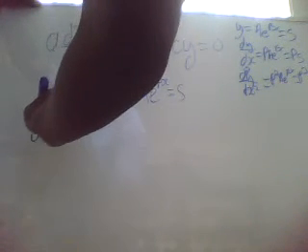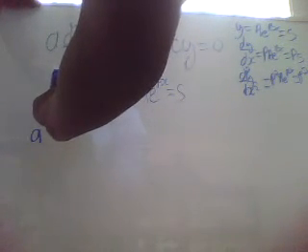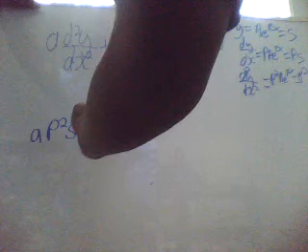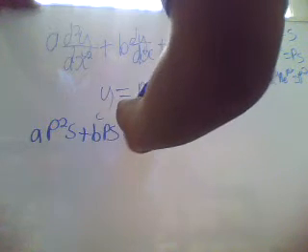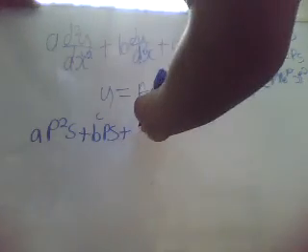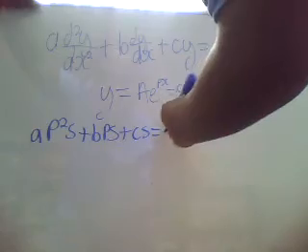So we'll plug this in there. That will give us a times p squared s. Then we'll get this from that plus b times ps plus c times s is equal to 0.